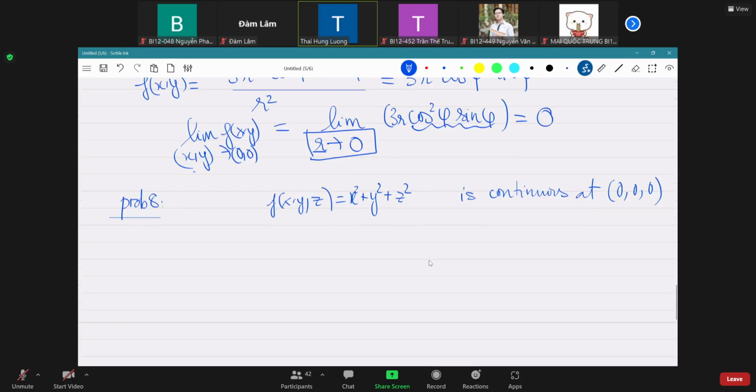So let me answer a private question from a student. You asked me if for the previous one you have 0 less than or equal to x squared over 2x squared plus y squared plus 1 less than or equal to 1, right?